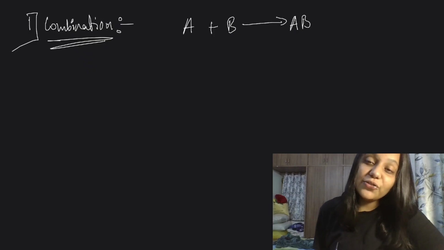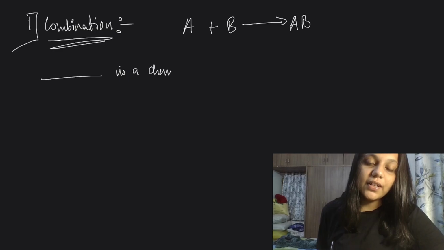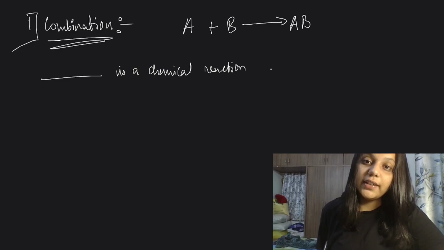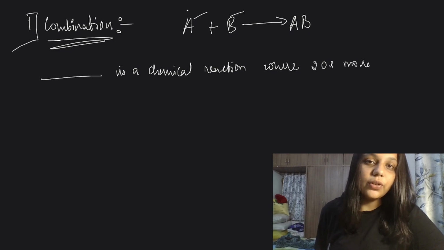And what is the definition of a combination reaction? This combination reaction can also be called a synthesis reaction. So you can write that a combination reaction is a chemical reaction where two or more substances combine together to form a new and single substance. It is not that only two substances will combine.